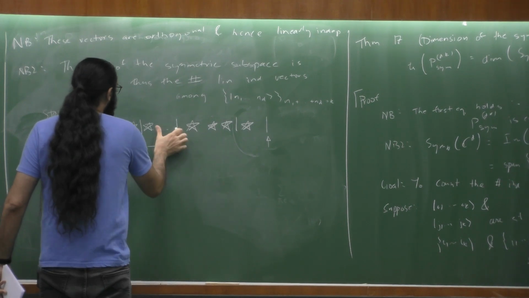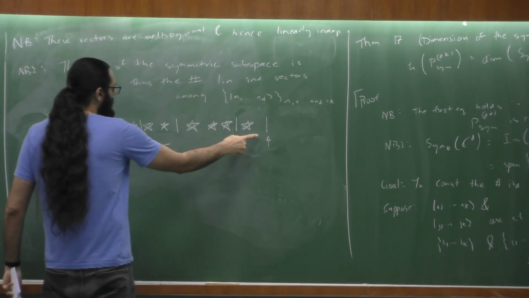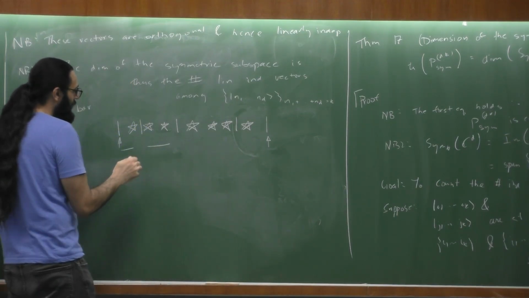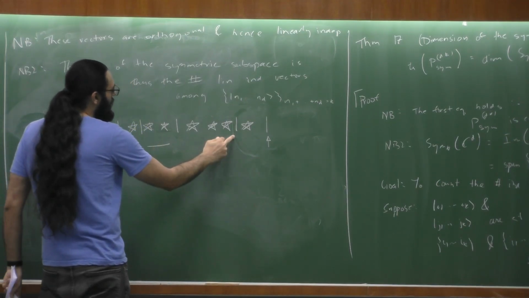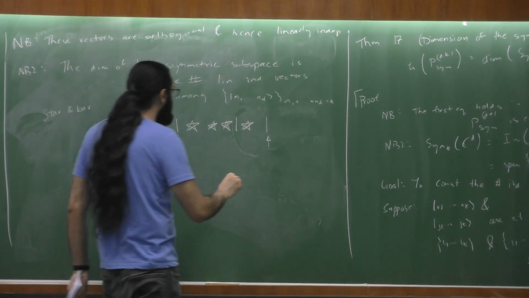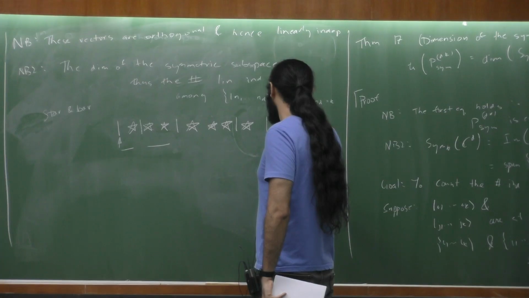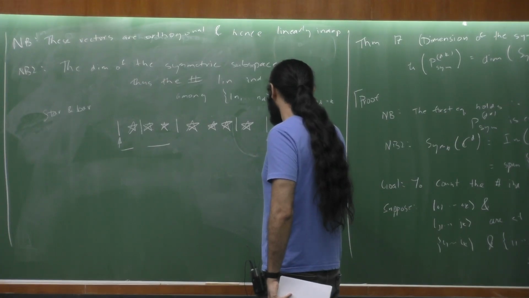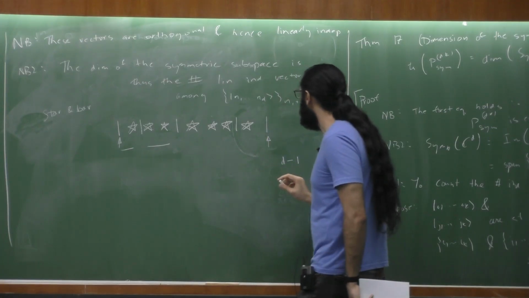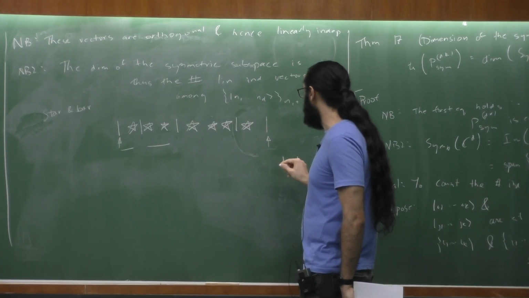So let's take a very concrete example. Here you have 1, 2, 3, 4 buckets, but you have 1, 2, 3, 4, 5 bars. So you need to pick D minus 1 locations.